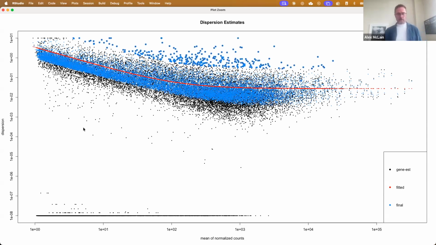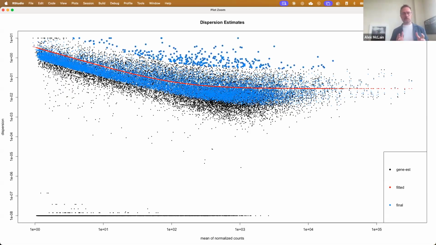So what happens is we take the trend line and these black estimates, and the black estimates get brought up towards the trend line. They get shrunk towards the trend line, and this is the empirical Bayes shrinkage procedure.